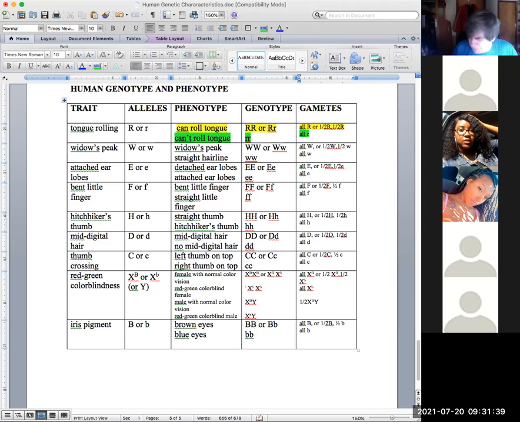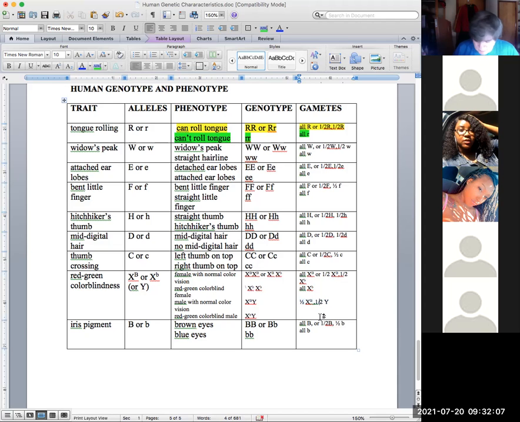So for a male, half of his sperm get the X with the big B if he has normal vision. And half of his sperm get the Y. Now, if we look at a male who's colorblind, it's very similar.